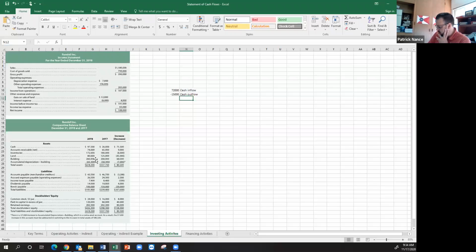Generally the accumulated depreciation would go down, but in this case, it went up. The building amount went from 200,000 to 260,000, and that was a result of the purchase of a building for cash, a cash outflow of $60,000. Again, this goes in the investing activities, and this is cash paid for the purchase of a building.